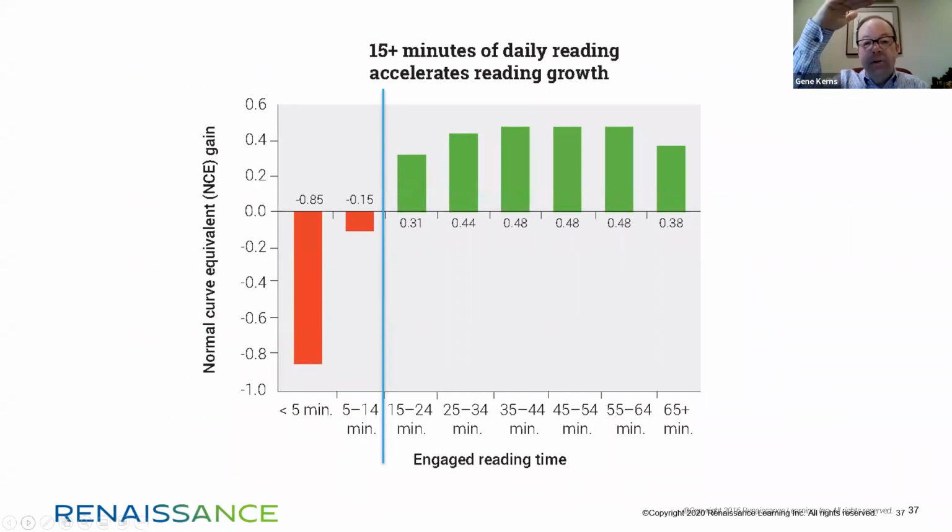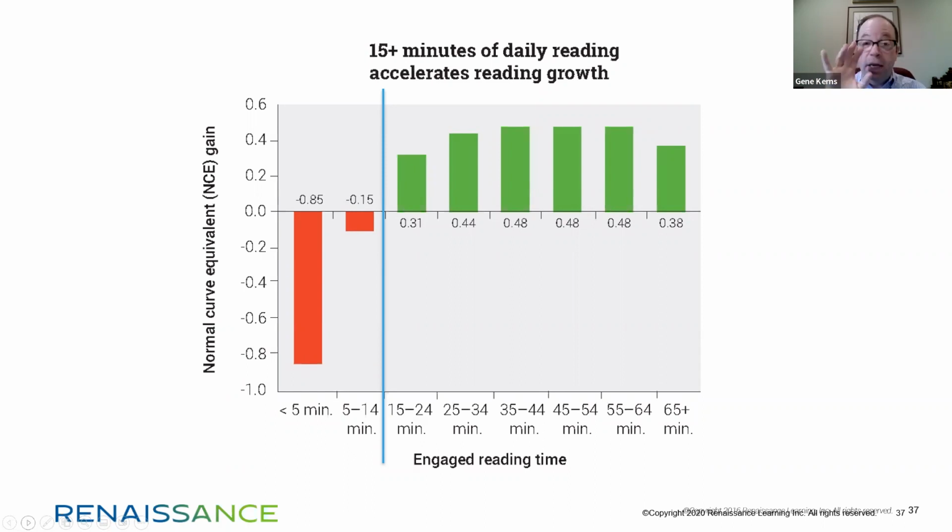Anything that's positive, they're moving up. Anything that's negative is moving down. Kids who read less than 15 minutes a day are constantly, slowly losing ground. While at the same time, kids who we can support in reading 15 minutes or more daily are constantly moving further and further ahead, okay? It is a critical tipping point, somewhere right around 15 minutes. So keep that in mind.